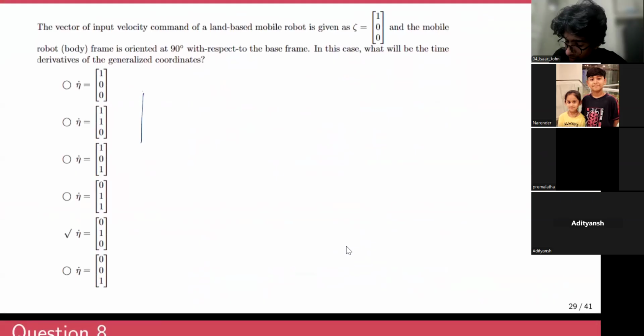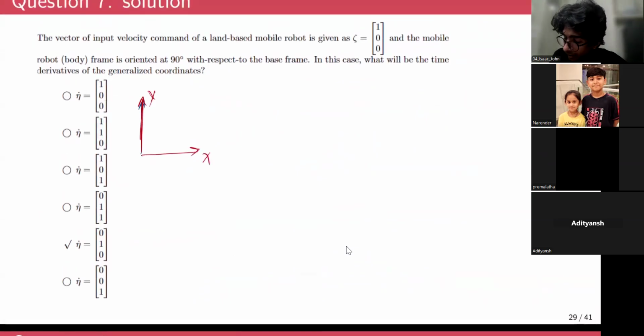So if you consider this as the fixed frame, this is the y-axis and this is the x-axis, right? As per the question, the mobile robot is oriented 90 degrees with respect to the base frame, so this is how the mobile robot would look.